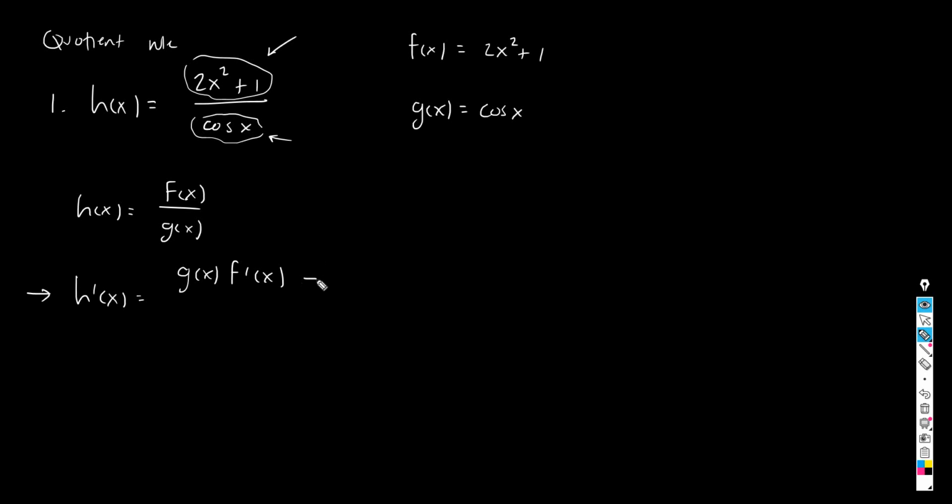If you change this for plus, the whole thing is wrong. So minus the one on top times the derivative of the one below over the one below to the square.